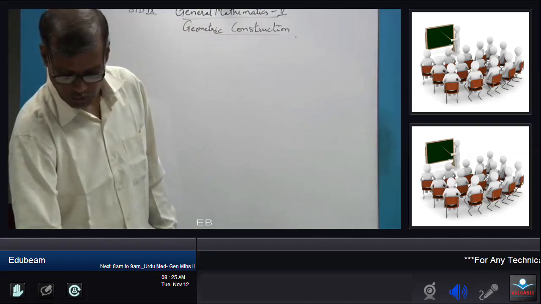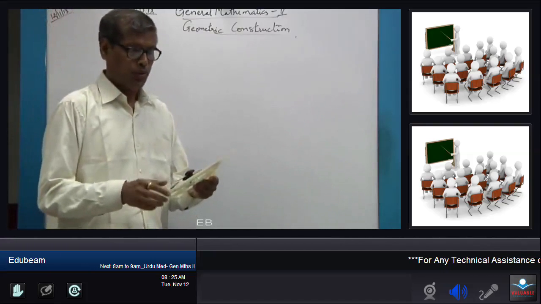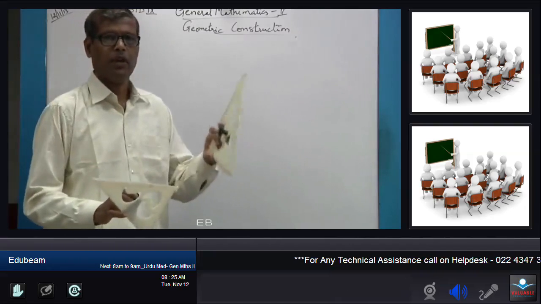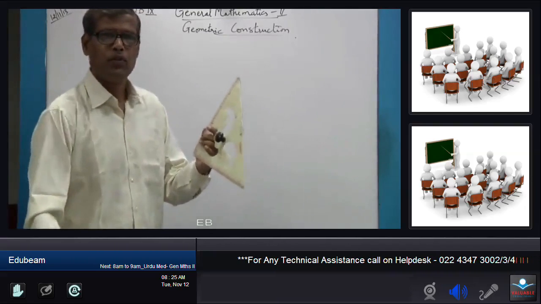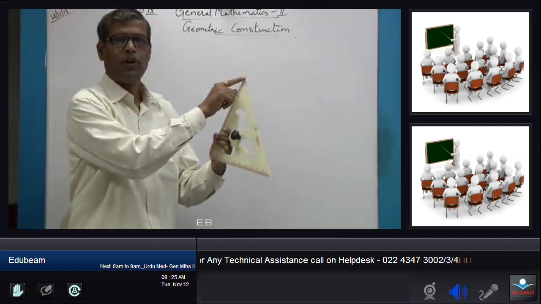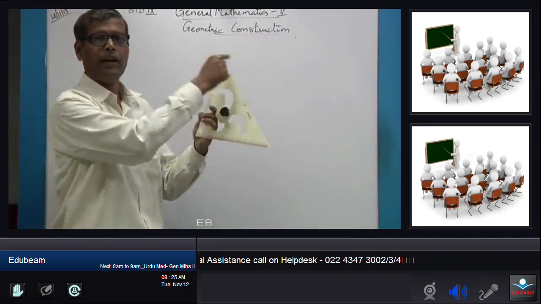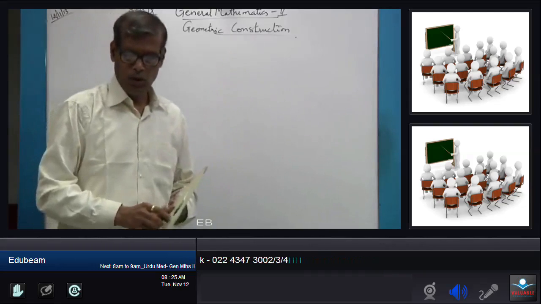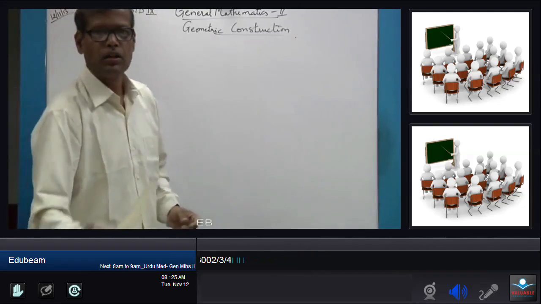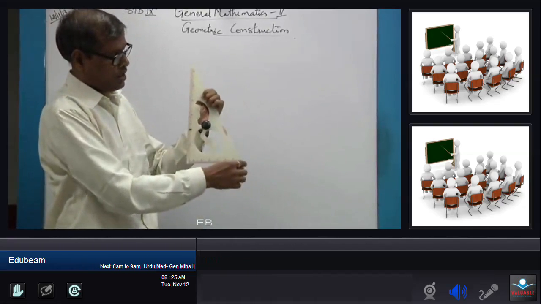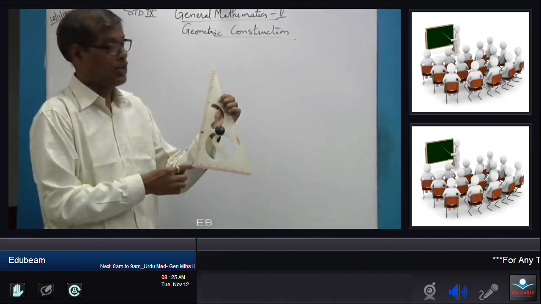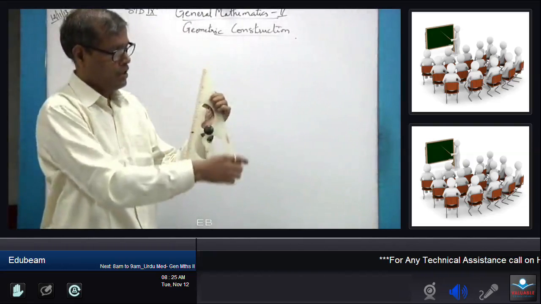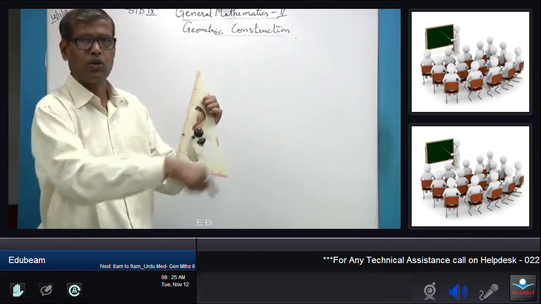The fourth and the fifth instruments you are going to use are the set squares. Basically there are two set squares. One is the 45, 45, 90 angle set square. The other is the 30, 60, 90 set square.